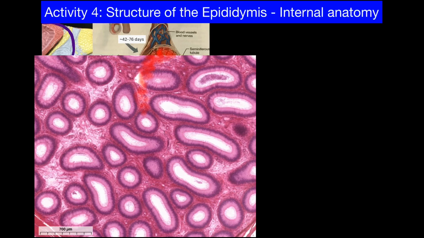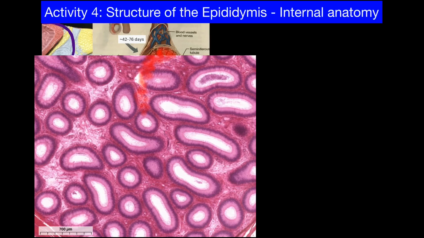So if we look microscopically at a slide of a section through the epididymis, you will notice that we still have lots of circles. Makes sense. We're still dealing with coiled tubes. But I'm going to zoom in so you can see how these tubes, this section through the actual organ, looks different than what we saw in the testes.